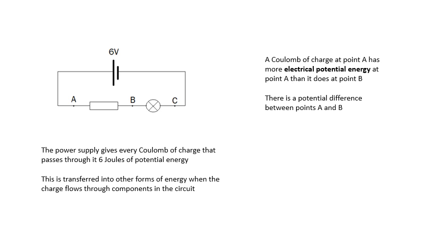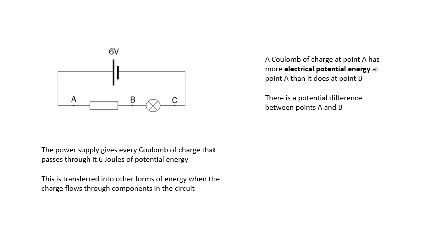Now, a coulomb of charge at A has more electrical potential energy than a coulomb of charge at B. And then that has more electrical potential energy than a coulomb of charge at C. What's happening in this circuit is that the power supply gives every coulomb that flows round the circuit electrical potential energy. Then when it flows through each component, that electrical potential energy is transferred into other things. For example, in the resistor, it's transferred into heat. In the bulb, it's transferred into heat and light.